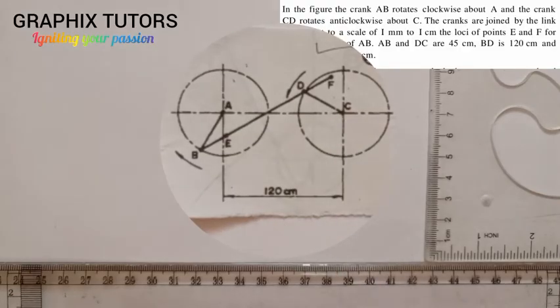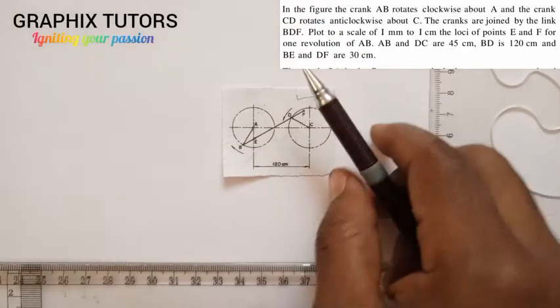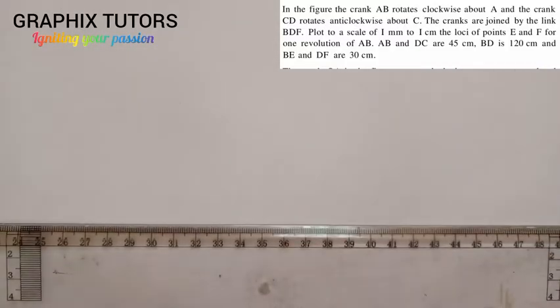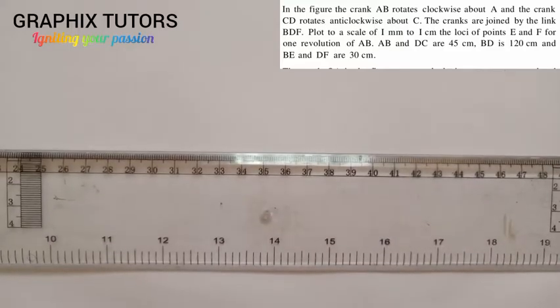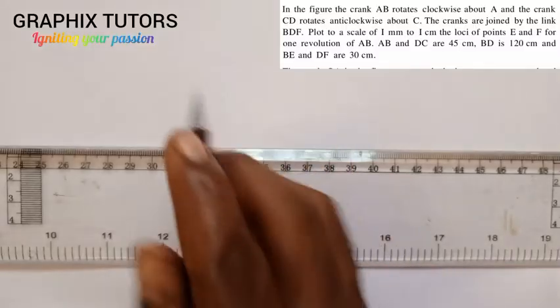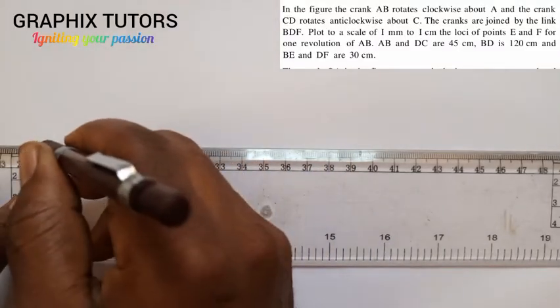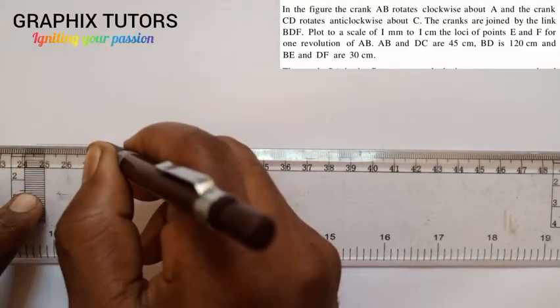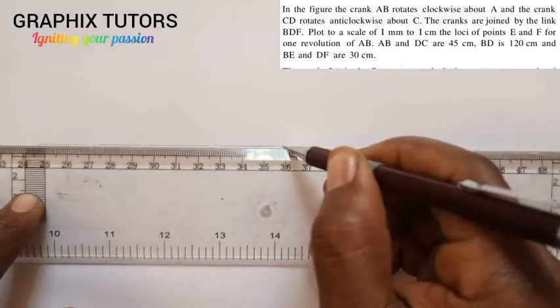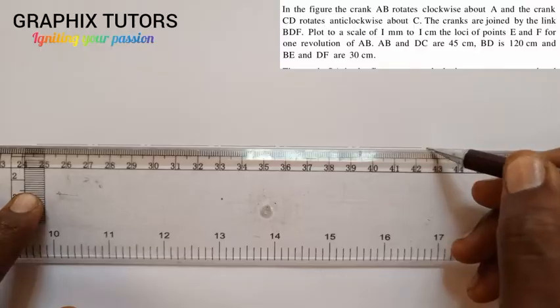So let's start. The first thing I'll draw is the horizontal line, which is giving us this. So I have this here, the long, the short. This is the first thing I will draw.